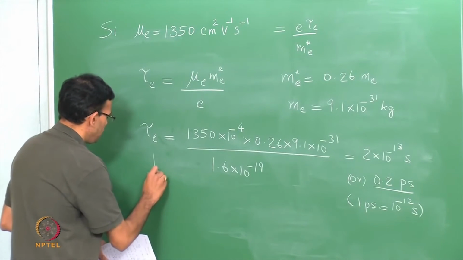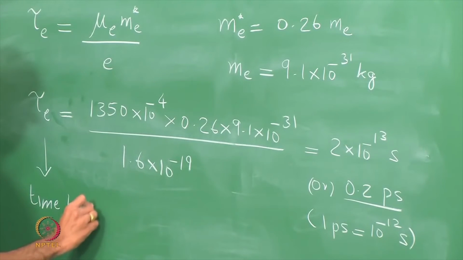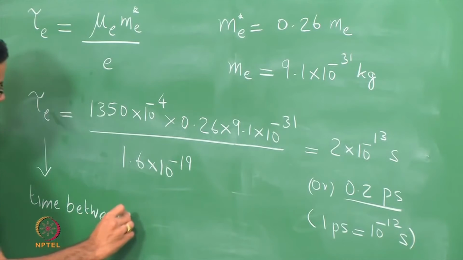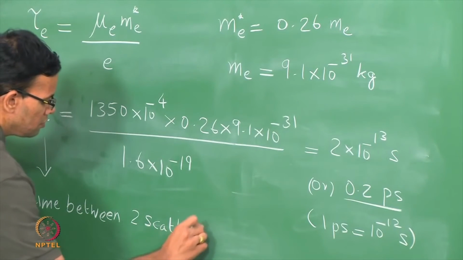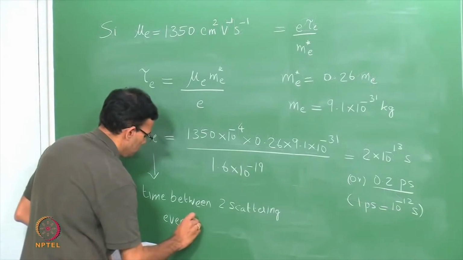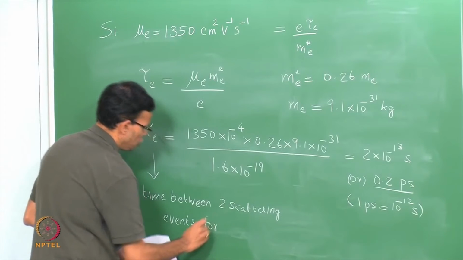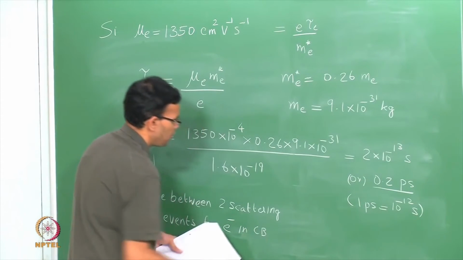So, tau e refers to the time between two scattering events. And since we are talking about the electron, it is for the electron in the conduction band.